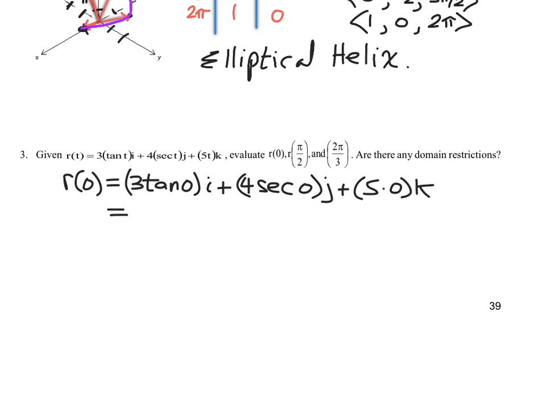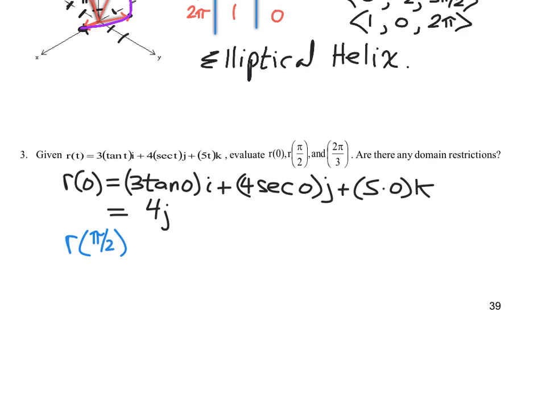Tangent of 0 is 0. All right, secant of 0 is equal to 1. So this is really, after all of this, just collapsing down to a 4j. You can do it in your calculator if you want. If you know all the values, that's good too. The secant one is easy enough because it's the reciprocal of cosine of 0, and we know cosine of 0 is equal to 1.